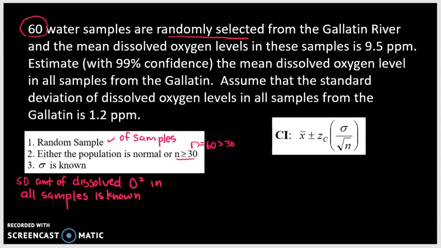All right, so again, write out the sigma. Don't just say standard deviation is known. Don't just say standard deviation of the population, but what is the population? In this case, it's the amount of dissolved oxygen, O2, in all samples.